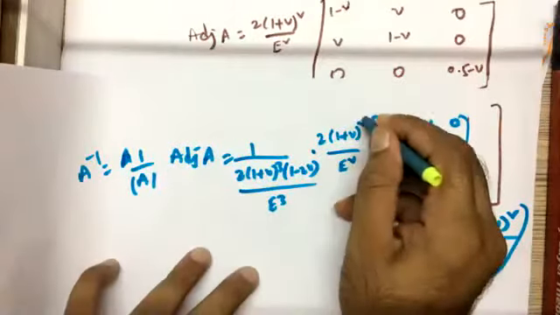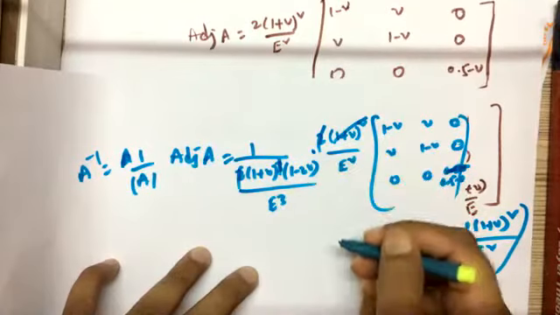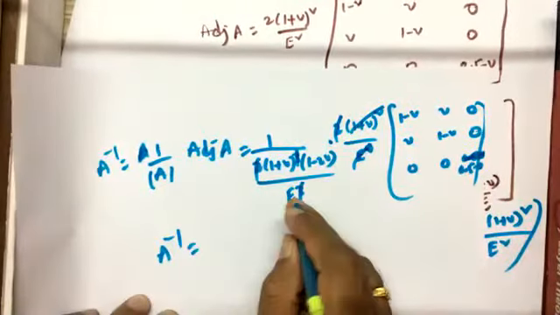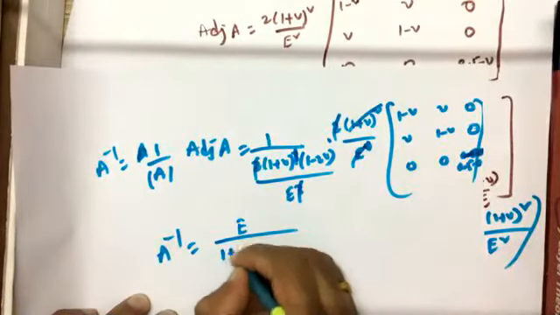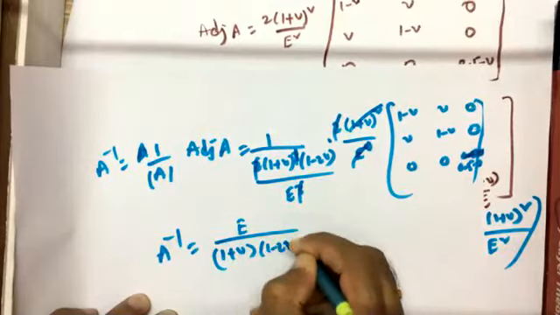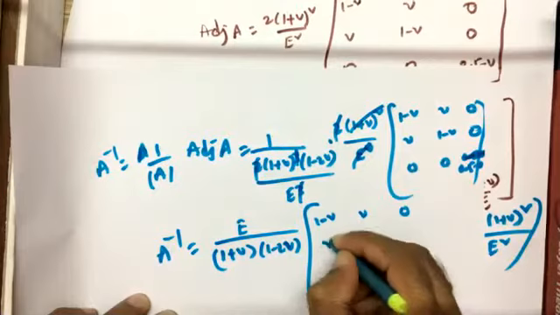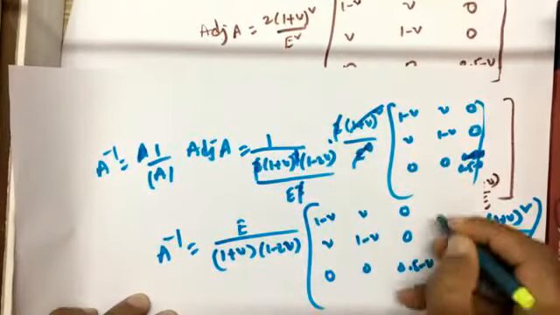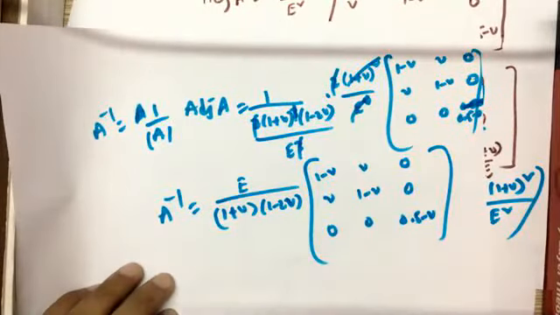So 2 into 2 gets cancelled, (1 plus nu) whole square and this cube gets cancelled, E square and this cube gets cancelled. So what is A inverse? If I take E to the numerator, then E by (1 plus nu) into (1 minus 2 nu) into the matrix [1 minus nu, nu, 0; nu, 1 minus nu, 0; 0, 0, 0.5 minus nu]. So this is your A inverse, right?